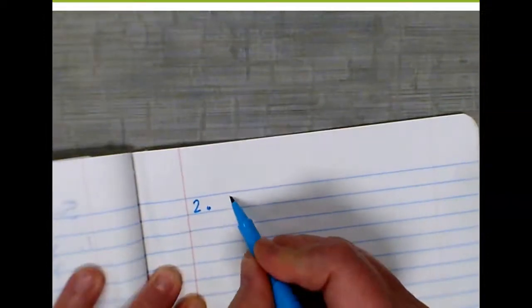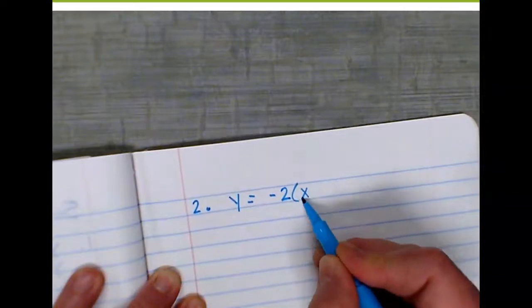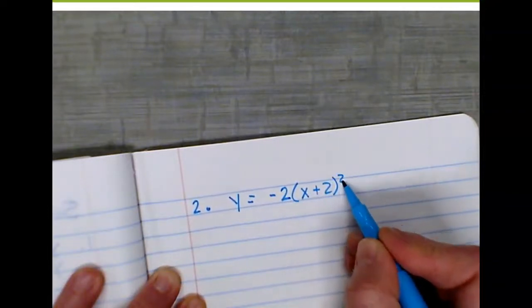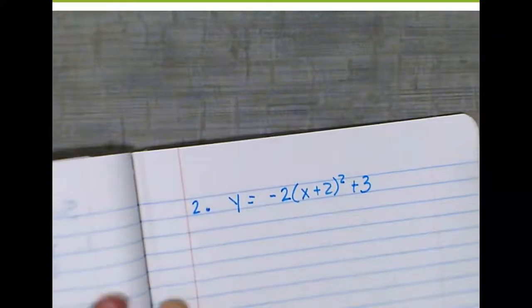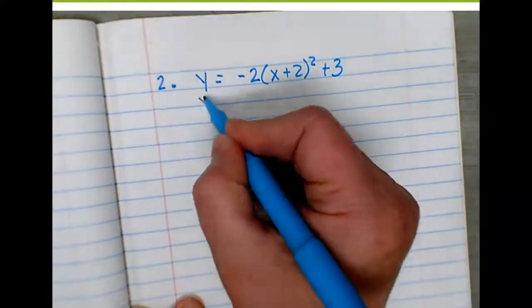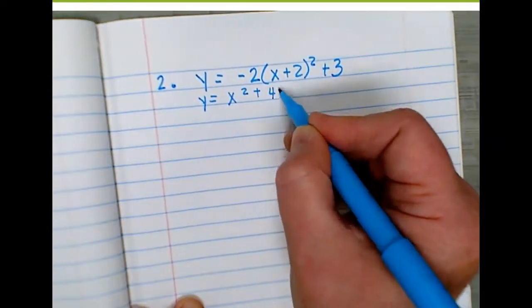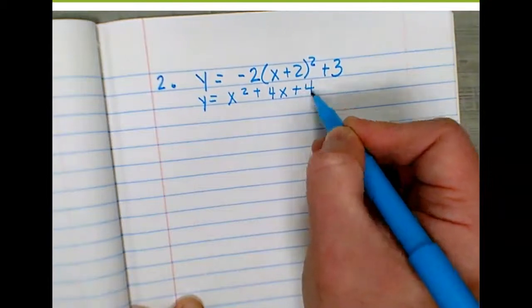So example number 2. y equals negative 2 times (x plus 2) squared plus 3. That's a quadratic in vertex form. y equals x squared plus 4x plus 4.